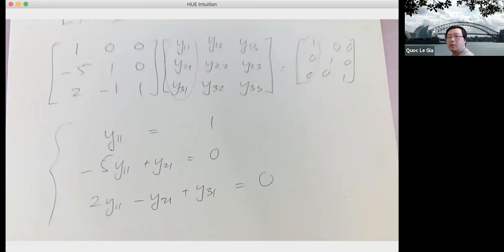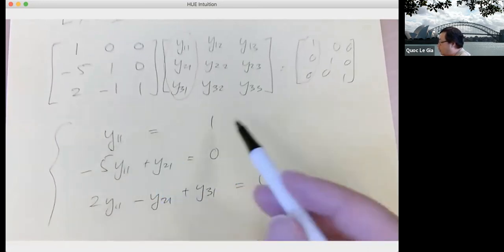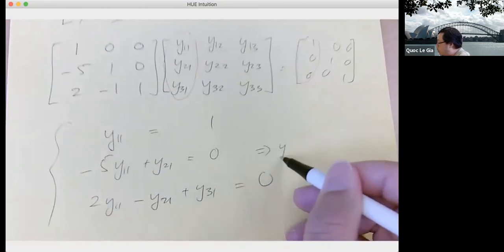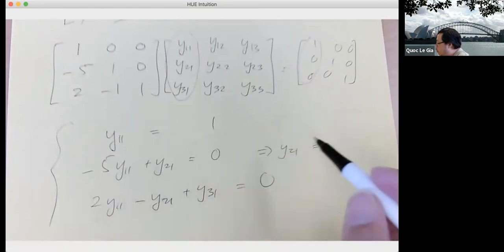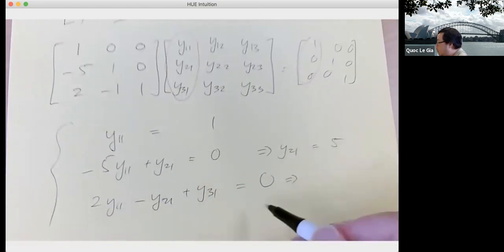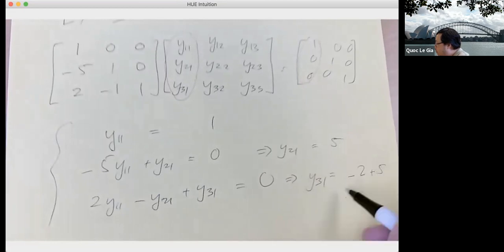Okay, so now I just use forward substitution. Y11 equals 1, so it's okay. Then Y21 is 5, since Y11 is 1. And here, Y31 will be minus 2 plus 5, so equals 3.